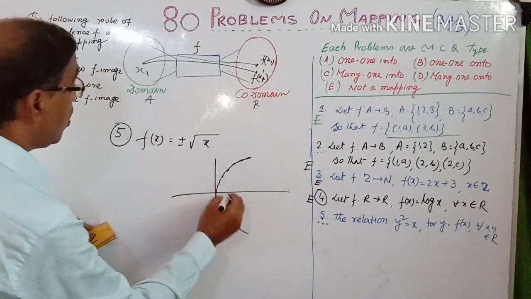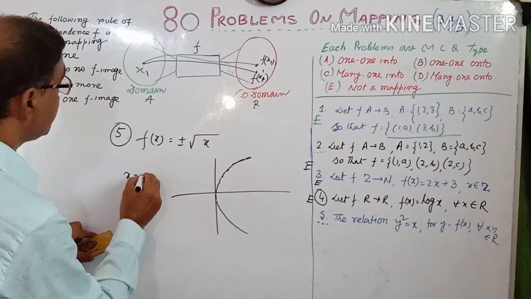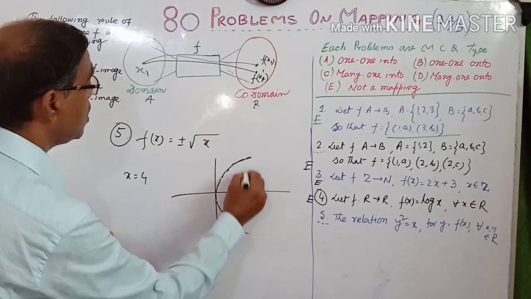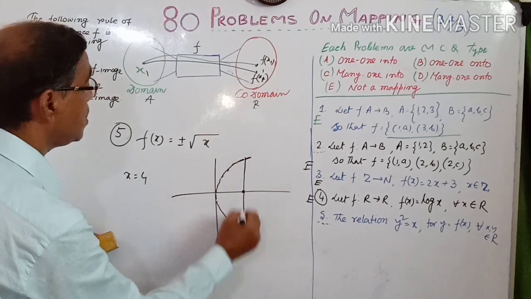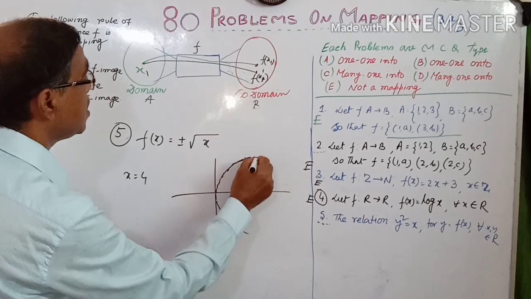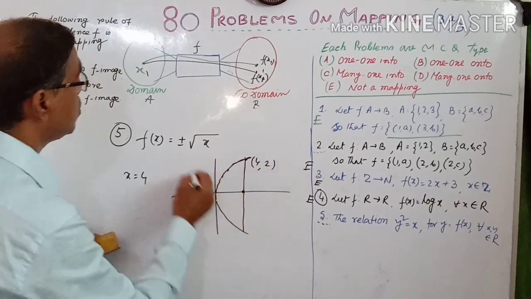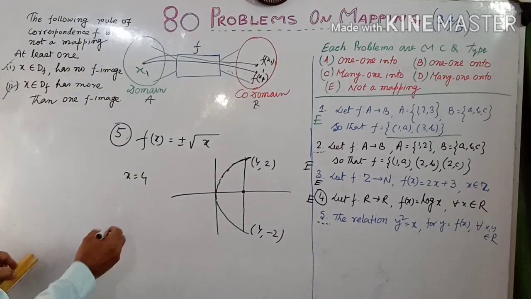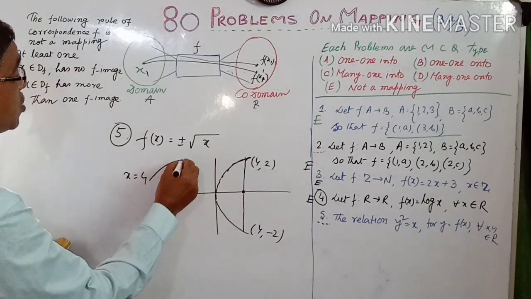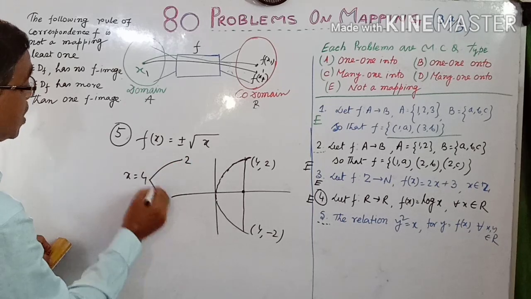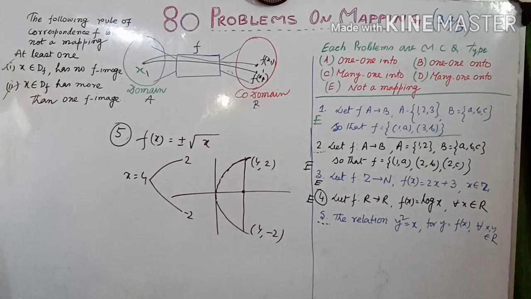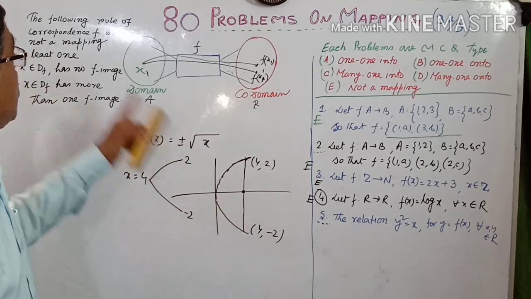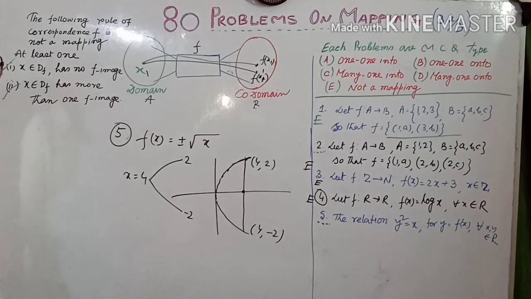Now for x equals 4, you get two images, 2 and minus 2. That is, 4 corresponds to the images 2 and minus 2. This rule does not form a mapping.